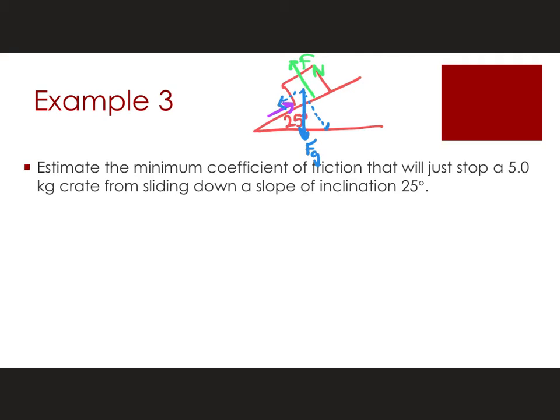Now, one of the things that's important here is to realize that this angle right in here is 25 degrees. So let me just try and help walk you through that. If this is 25 degrees here with 90, then up here we need to have 90 minus 25.